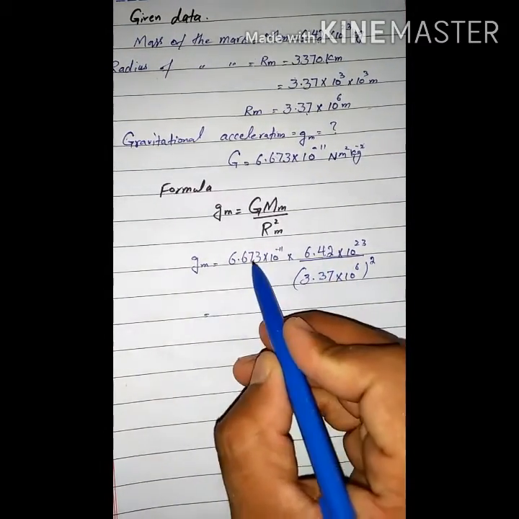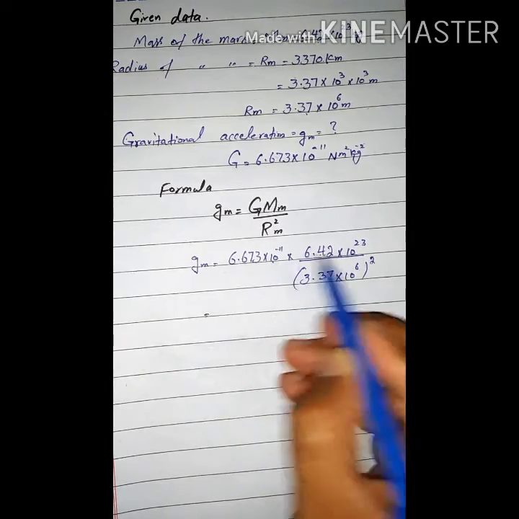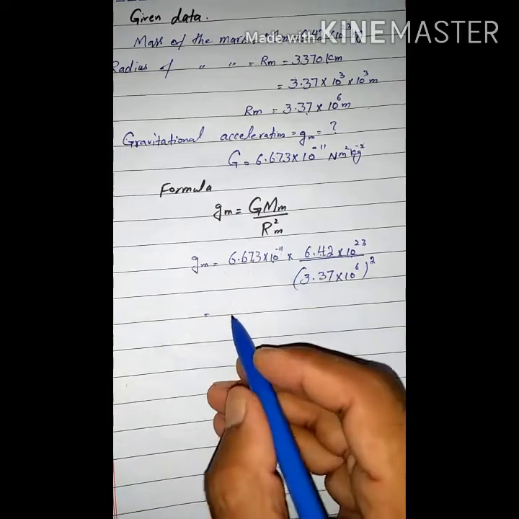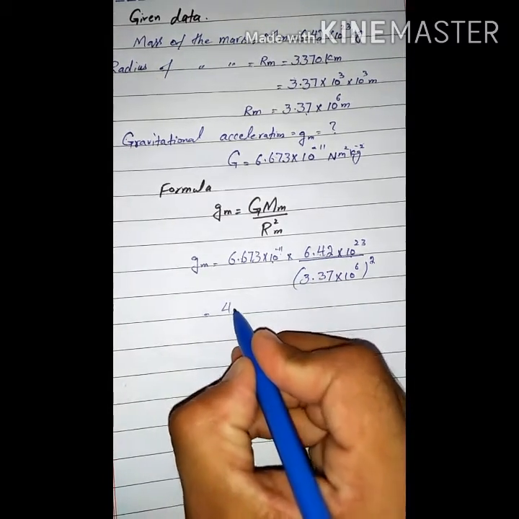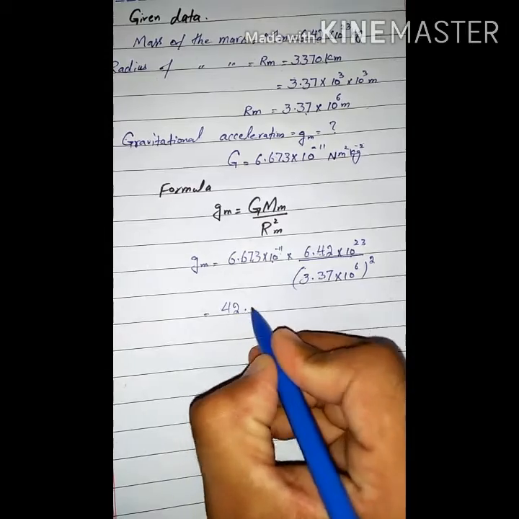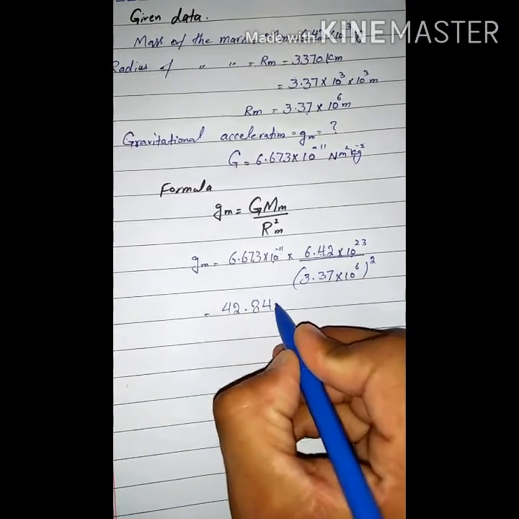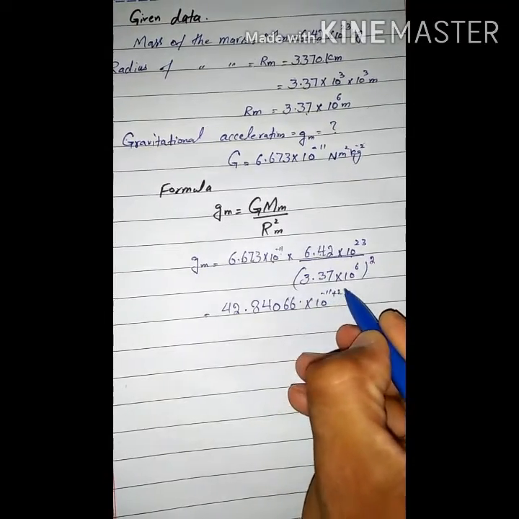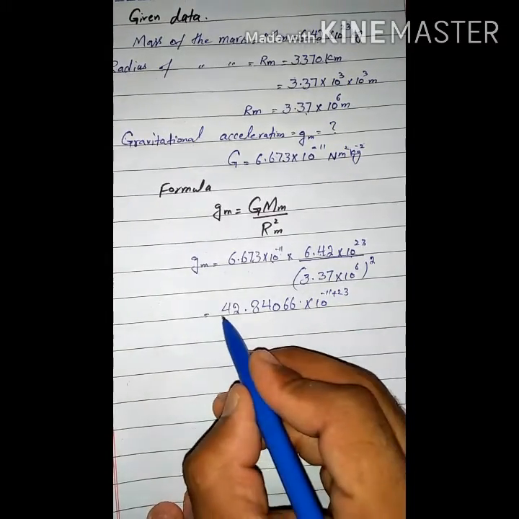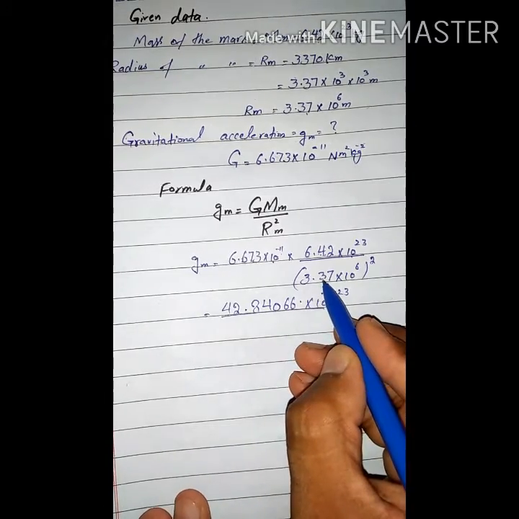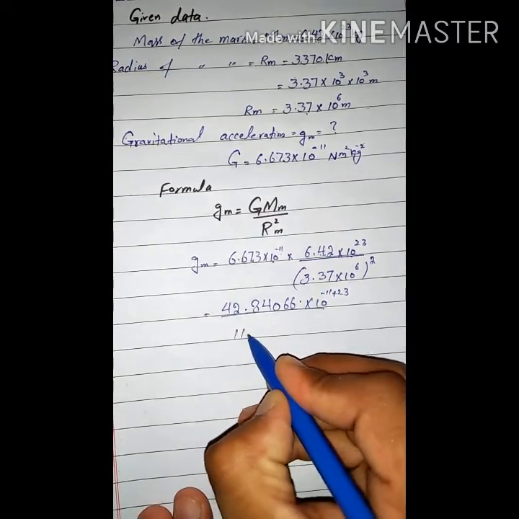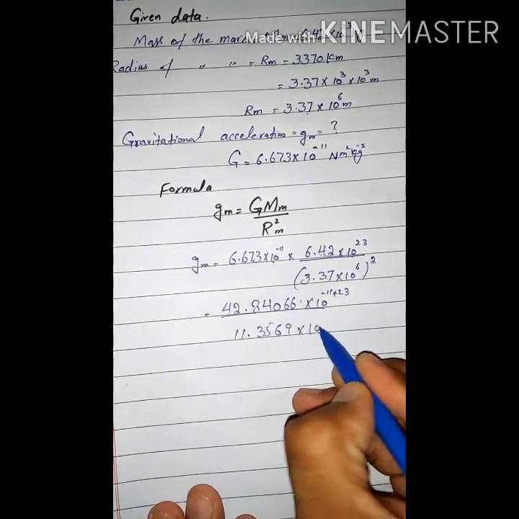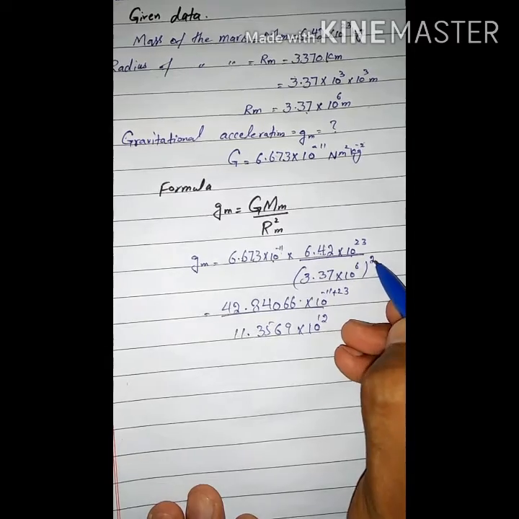First we take a multiplication of both these values, and the bases are same, so power will be added. So multiplication of these two values is, by using calculator, 42.84066 multiplied by 10 to the power minus 11 plus 23, and here the square of this value is 11.3569 multiplied by 10 to the power 12. 6 power 2 is 12.